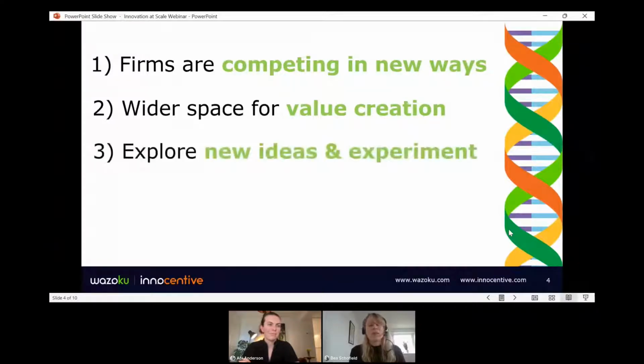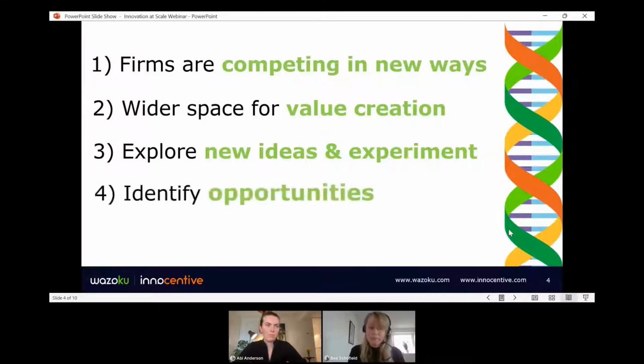Of course, organizations also need to, which isn't new to now, but there's more demand, explore new ideas and experiment more frequently. In response to competition and the need to create new forms of value, they need to do that by coming up with new ideas and continuously experimenting to see have we got the right product market fit, and need to be in a continuous cycle of experimentation, something that we know with risk-averse organizations isn't always an easy thing to achieve.